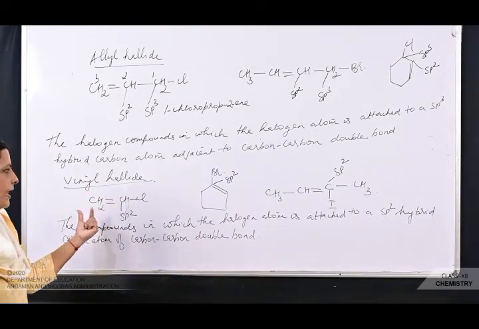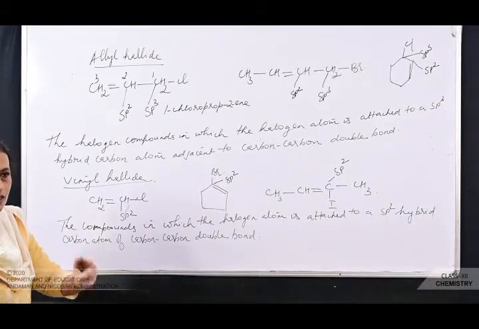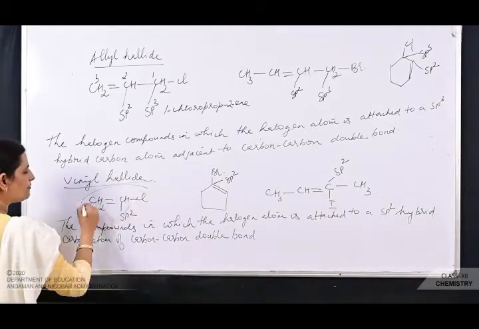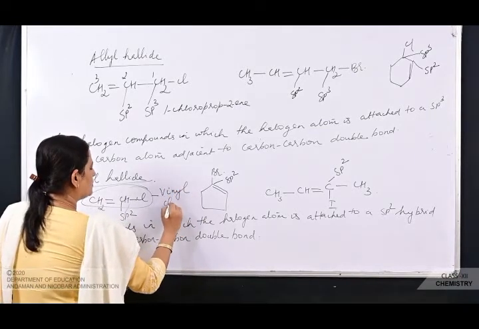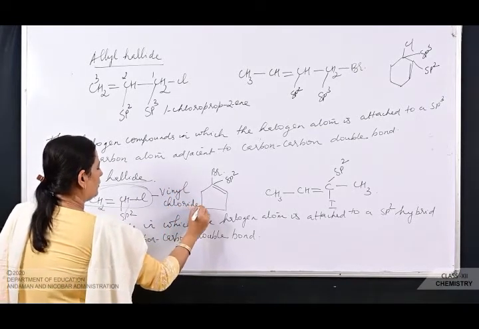Now for a vinyl halide, minimum how many carbon atoms is required? 2 carbon atoms. So the common name for this compound is vinyl chloride. It's known as vinyl chloride.